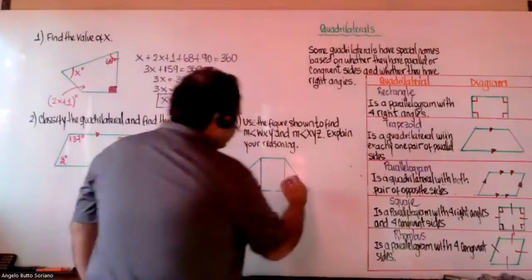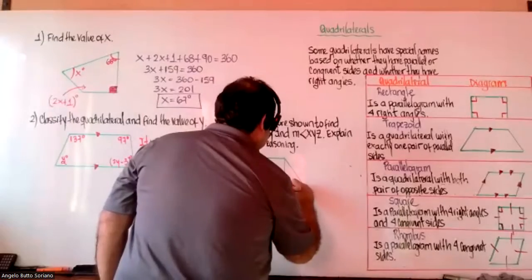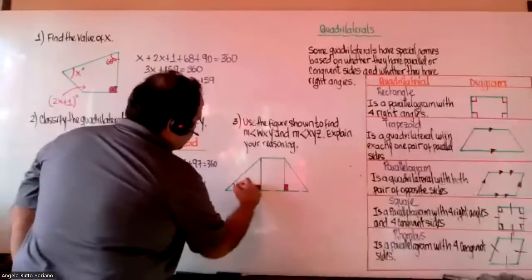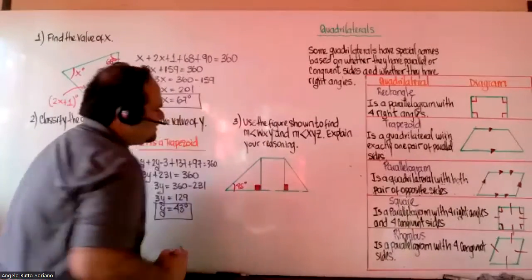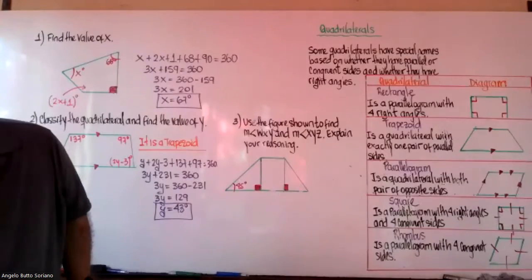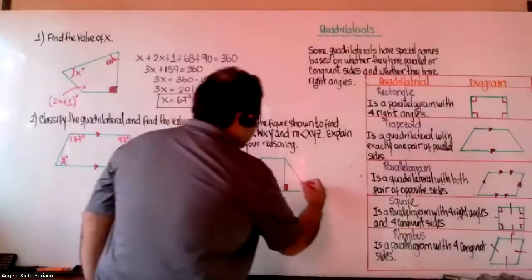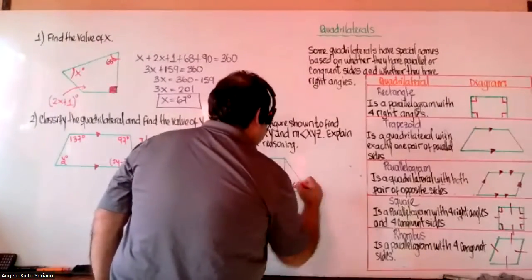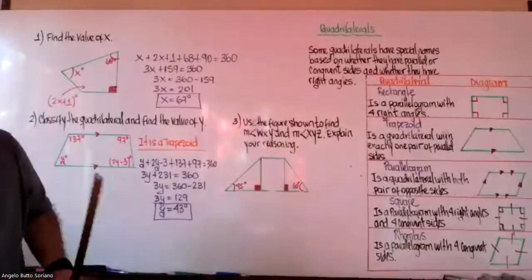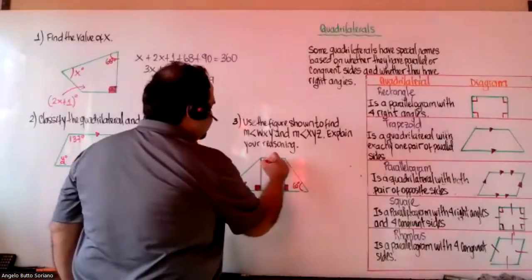Also a right angle. This is 45 degrees. This is 60 degrees. Then we have this angle.